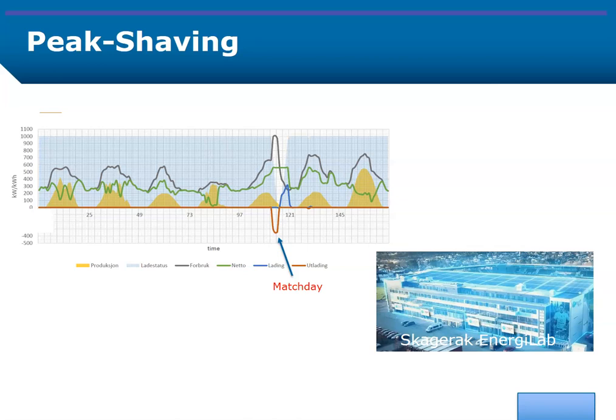Here the red one is the charging of the battery, and the blue is the discharging of the battery, and you can see the consumption in gray here. So typically at the peak, you take energy from your battery, and after that day you start to charge again. This is the typical concept of peak shaving they are using this for.